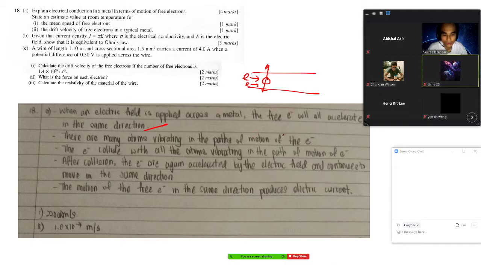I think he has to refine what he is saying in the second part. There are electrons colliding with the atoms vibrating in the path of motion. This is repeating the second point. Okay, it says collide. After the collision, the electrons are again accelerated by the electric field and continue to move in the same direction. Motion in the same direction produces the electric current.